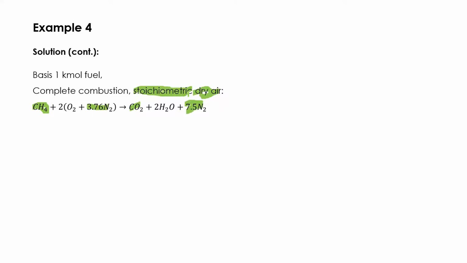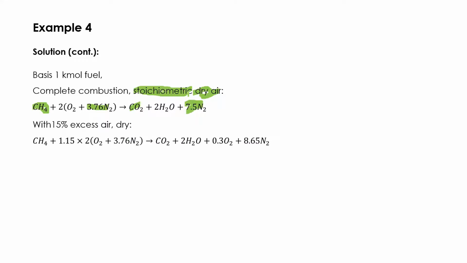But in reality, if you look back at the problem, the air is supplied 15% in excess. What does this mean? Instead of 1 times 2, we put 1.15 times 2, which is 15% excess. And then we rewrite the stoichiometry.